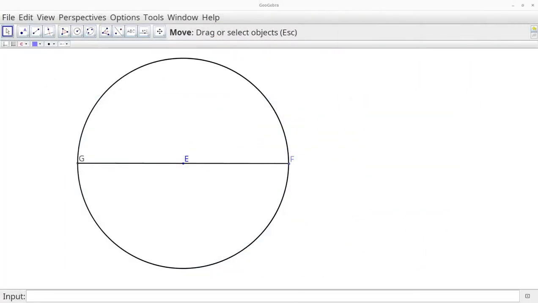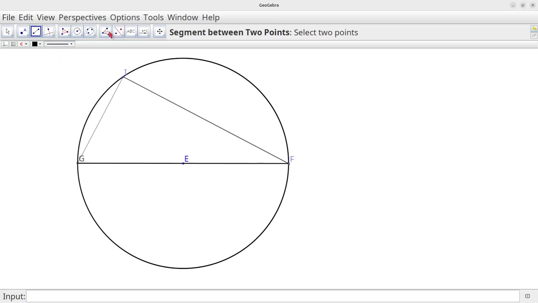Now here is our GeoGebra. I've already drawn a diameter here, which is GF, and the center is E. If you are standing anywhere on the circumference and you are looking at both ends of the diameter, G and F, the angle at your eyes is going to be 90 degrees, which is this angle here, angle G I F. It's always going to be 90 degrees.